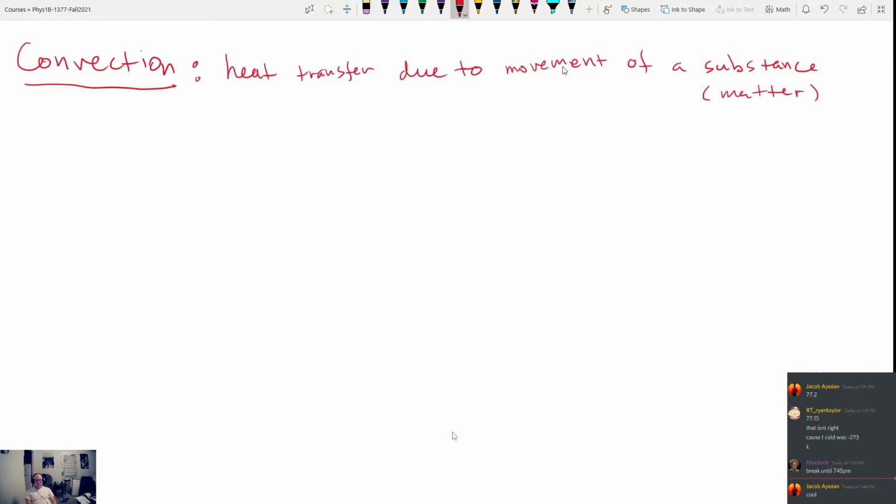So, heat transfer due to a movement of substance or matter. So, let me give you a couple of examples of how this occurs.